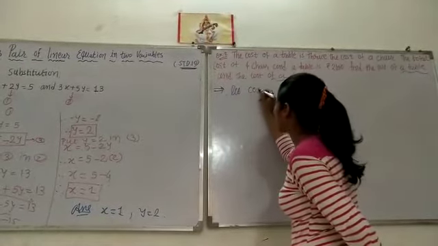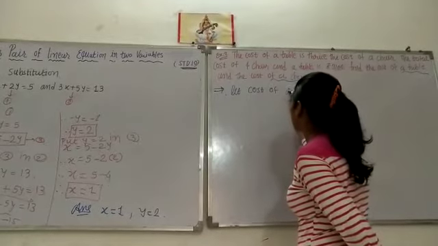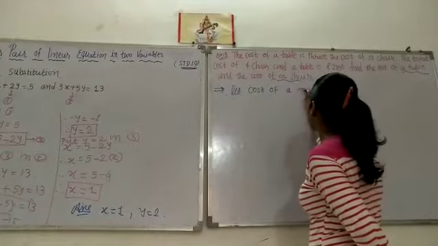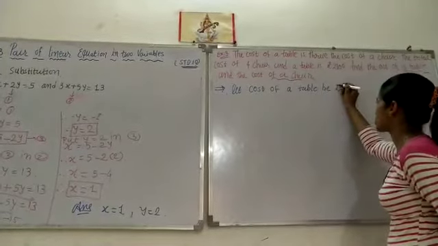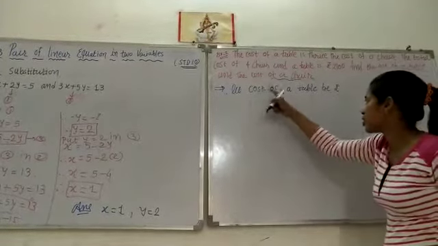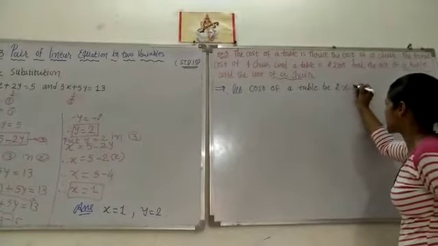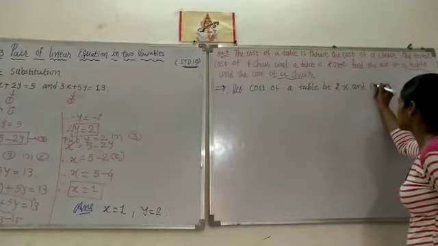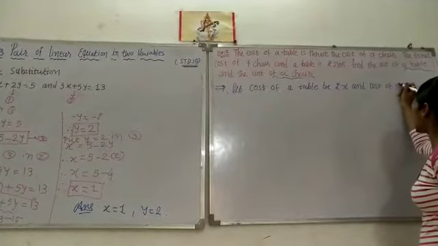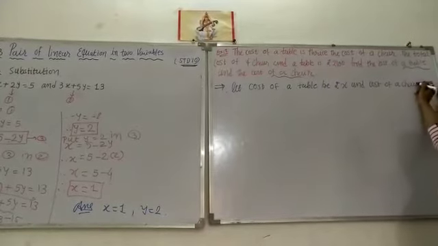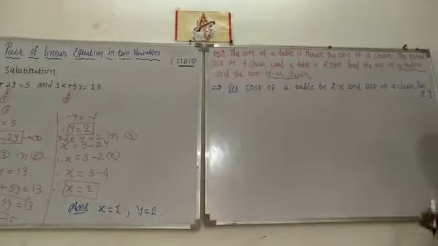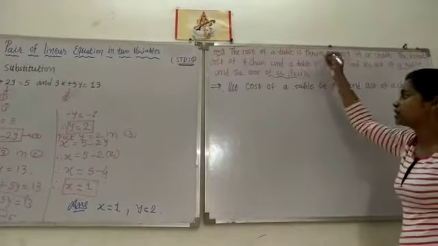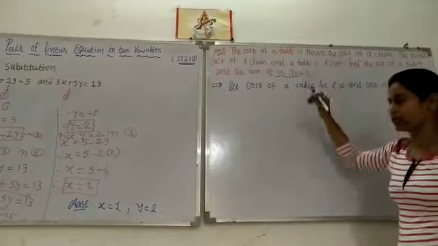Let the cost of a table be, this is cost, that's why you should use symbol rupees, the cost of a table be rupees x and cost of a chair be rupees y. After supposing variables, write given verbal condition.